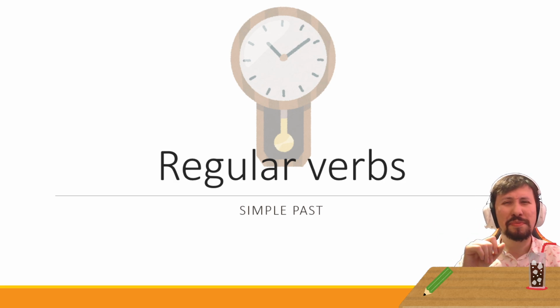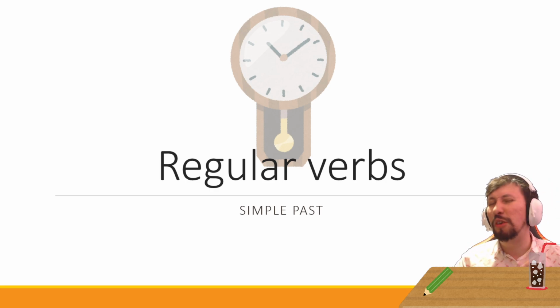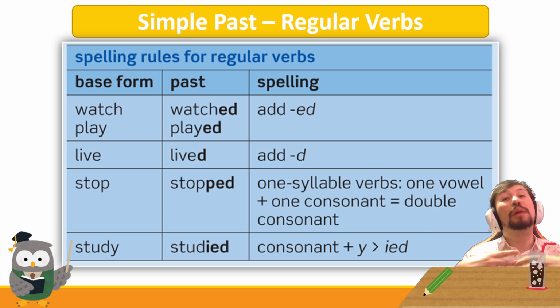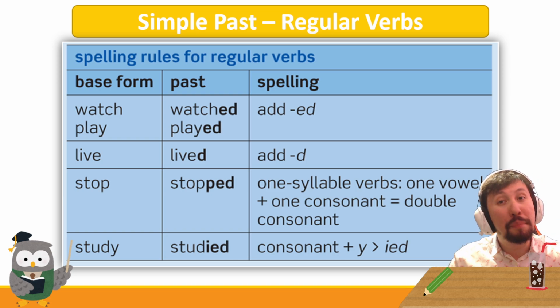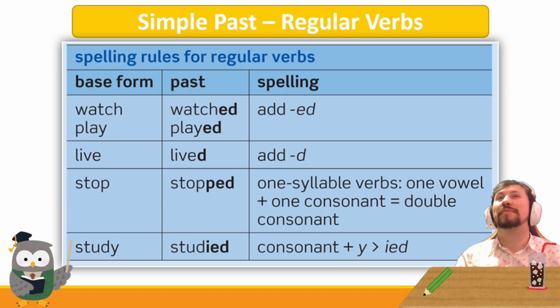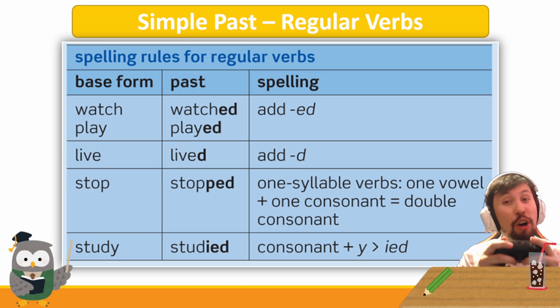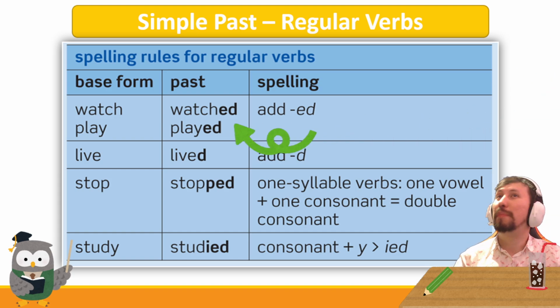Regular verbs. So regular verbs are a little more complex. We use regular verbs with ed to talk about actions in the past. For example, maybe I want to say that before this activity, I played on my computer. I played on my computer.